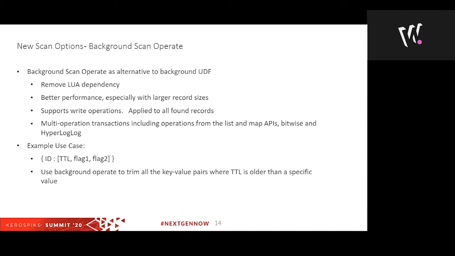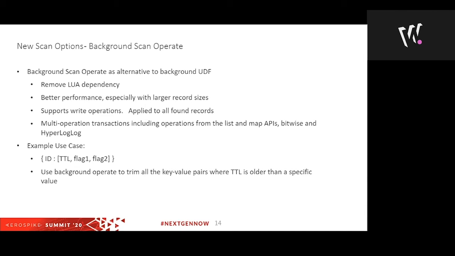This feature supports write operations, and based on what's found, it will be applied to all the found records of the scan. It also supports multi-operation transactions, including operations from our list and map APIs, the Bitwise APIs that we discussed previously, and the HyperLogLog APIs that we'll discuss soon.